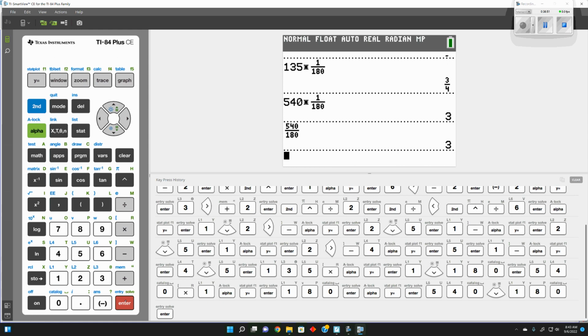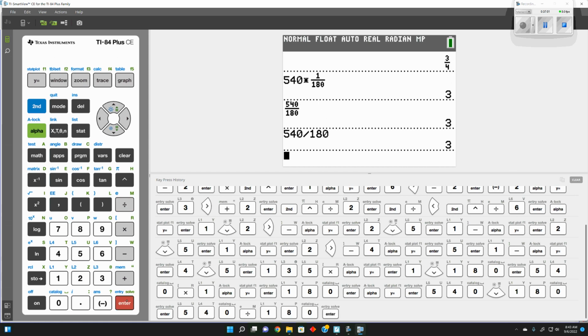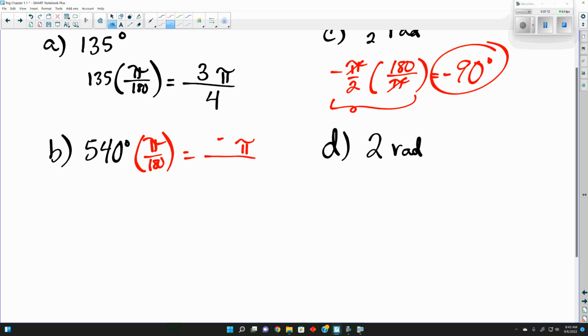We're dividing 540 by 180. So yeah, we could have just said 540 divided by 180. I could have just said division. If we got a decimal, we can convert it back to a fraction and go from there. But it's just telling us that it's 3 pi.